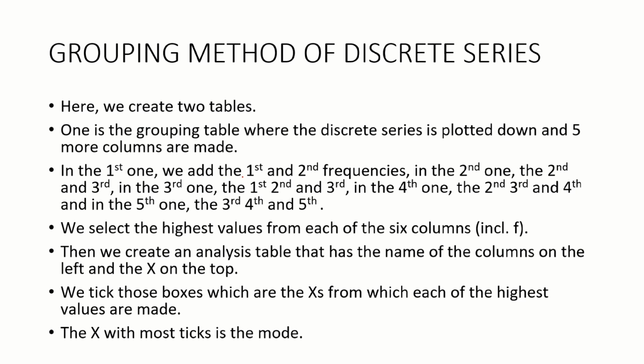That means in the second column, at the top, there will be the sum of the first and second, third and fourth, fifth and sixth, and seventh and eighth frequencies.